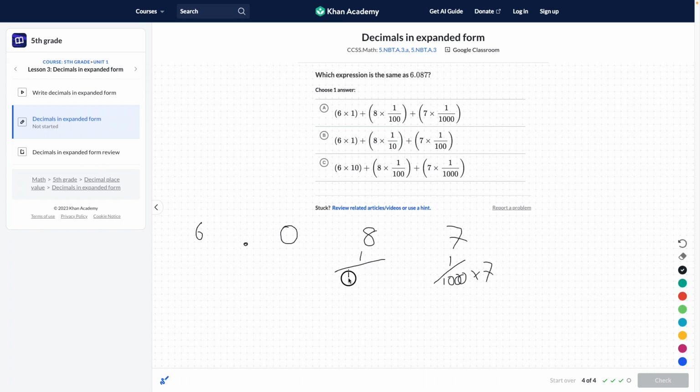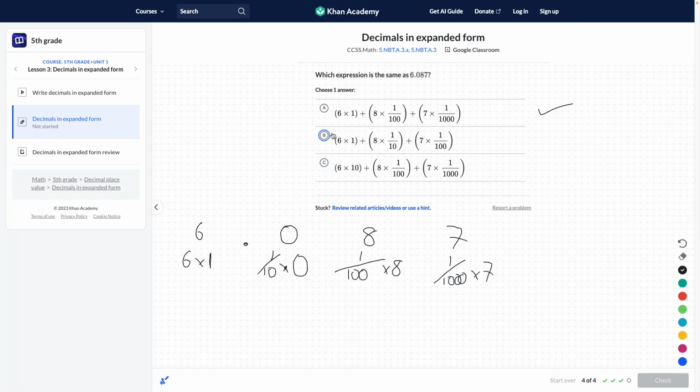This one's going to be 100th times 8. This one is going to be 1 over 10 times 0. And this one is going to be 6 times 1. So we've got 6 times 1, check. 8 times 100ths, check. 7 times 1,000ths, check. So at the moment, this one looks good.